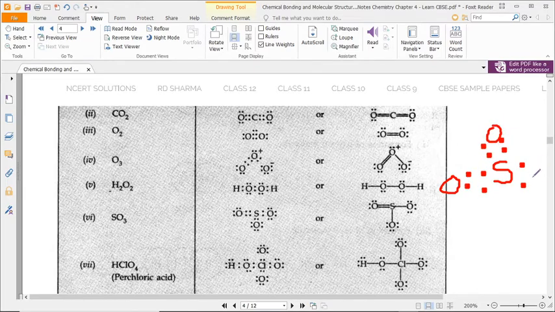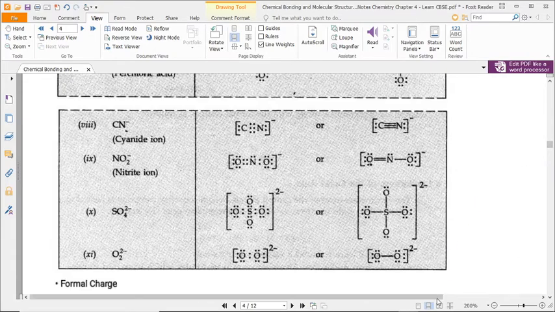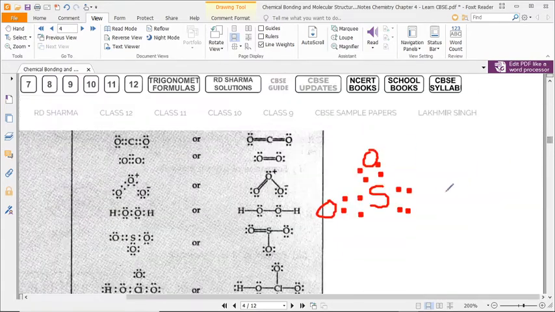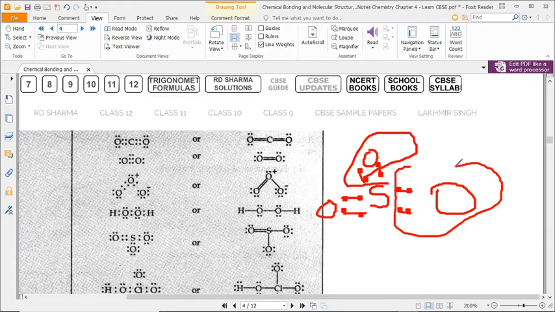So if it tries to make a double bond with 3 oxygen, now you count the number of electrons surrounding the oxygen: 2, 4, and apart from this I have 2 more, so 2, 4, 5, 6, 7, 8, because oxygen always has 6. So sulfur had 6, right?